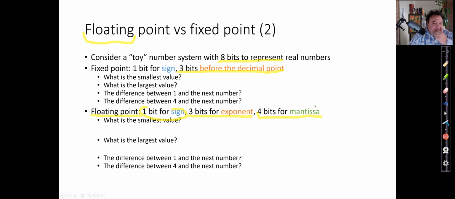And so we want to understand how different is the behavior of those numbers, and how that could impact the computation that we perform. So let's look at what could be the smallest number that we can represent in a fixed point representation. In this case, 3 plus 4 digits plus the sign.